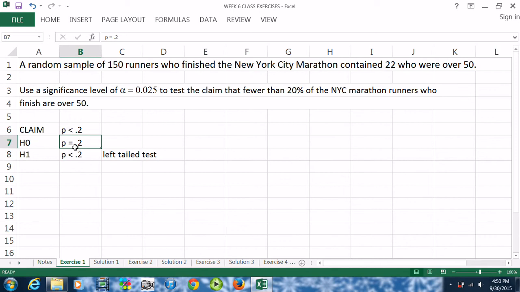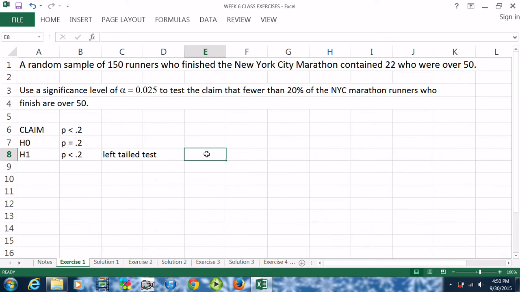So if our claim of less than 0.2 is correct versus our null hypothesis of 0.2, then in the middle would be values close to 0.2, but if we're far in the left tail, then we would be really far away from 0.2.